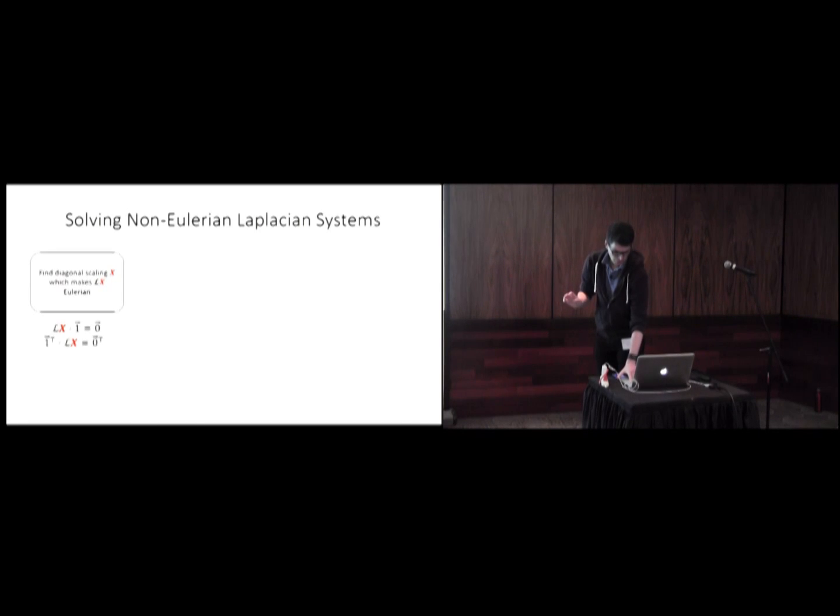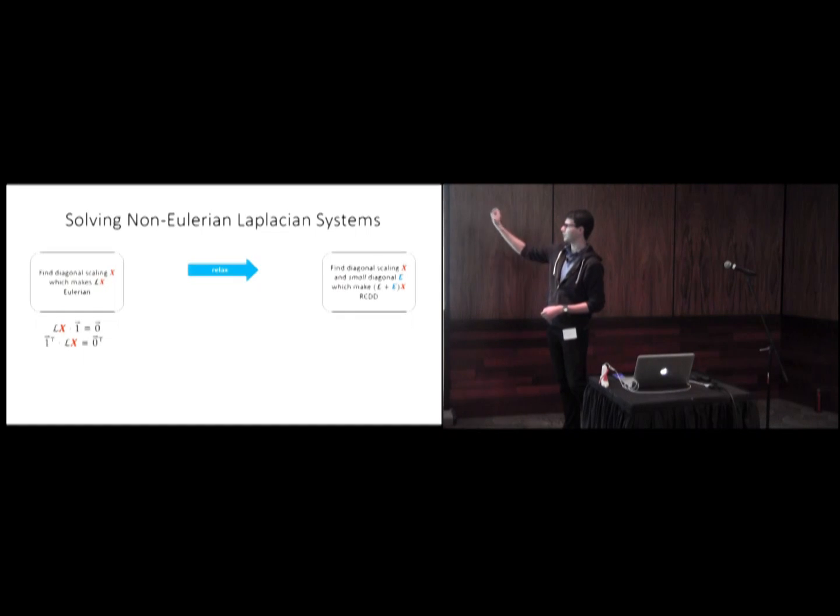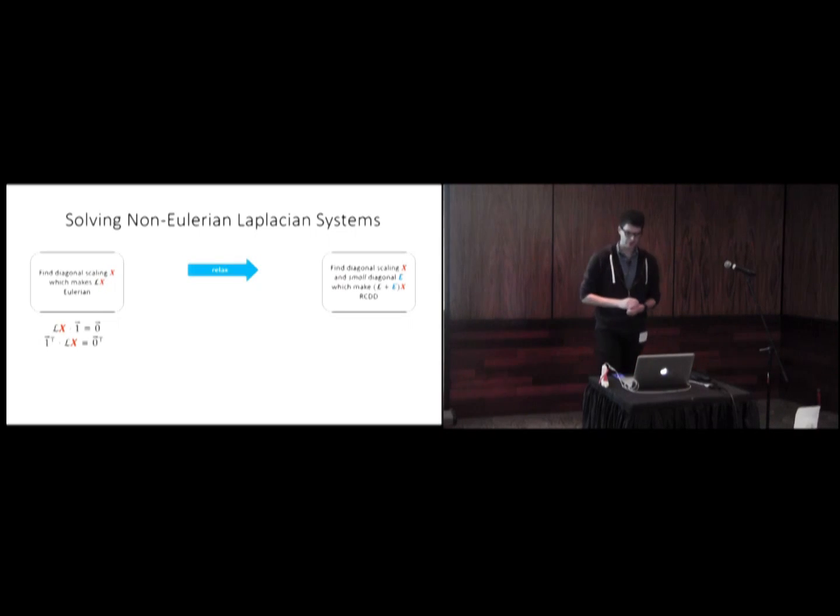So we're going to relax the problem. Instead of doing that directly, we allow ourselves some slack: not only do I want a diagonal scaling X, but I can also allow a small non-negative diagonal matrix E, such that the matrix (L plus E) times X is RCDD, in the sense of what I said before.